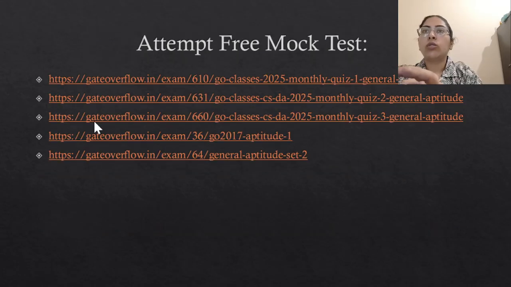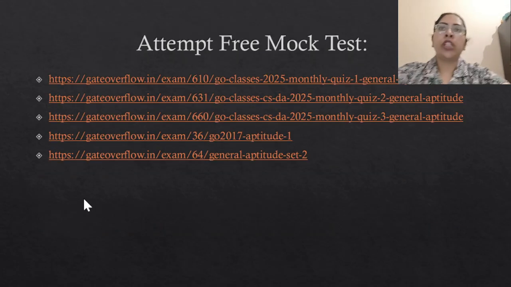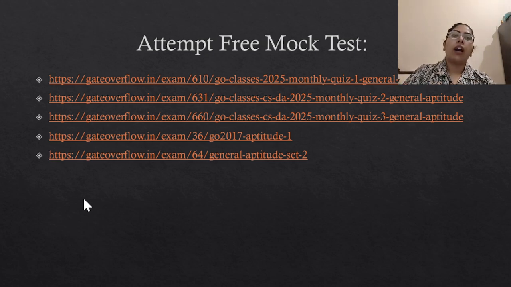Okay, so next is attempt the free mock tests. How to attempt the free mock test? Look, you have solved the PYQs, you have attempted the crash course, you have studied the concepts, you have practiced the PYQs from GATE Overflow, then at the last, at the time of the exam in December, you have to solve the mock tests.